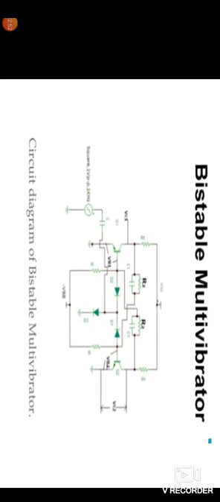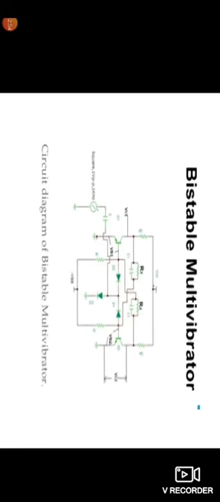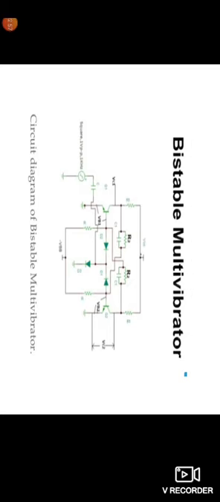The R1, R2 and C1 combination, R2 C1 combination, are all connected to the two cross-coupled transistors, and there are points A and B across the collector terminals of the transistors Q1 and Q2.